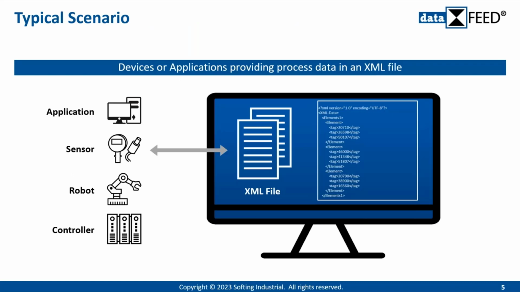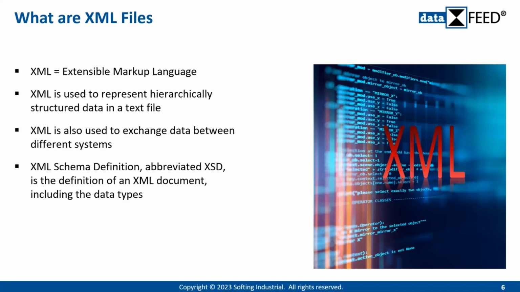One of these typical scenarios is that the devices or the applications are providing this process data in a standardized way via XML files. It can be an application, a sensor, a robot, or even a controller, which provides process data via XML files. What are XML files? XML, Extensible Markup Language.